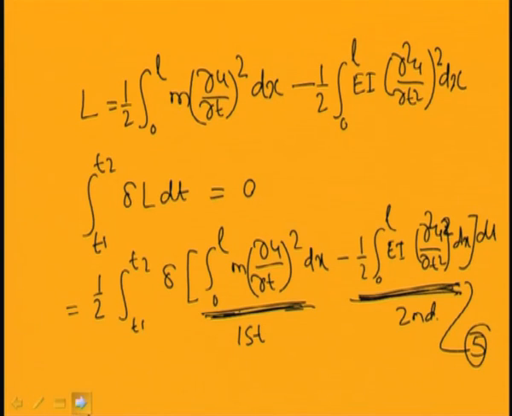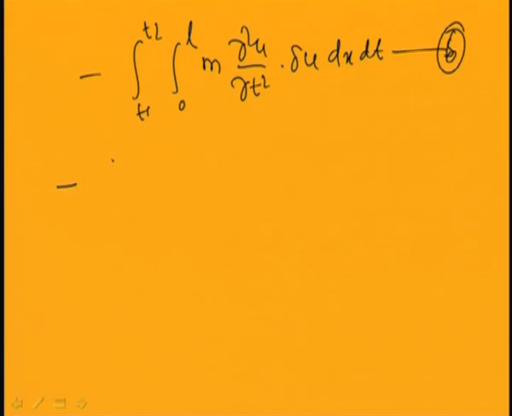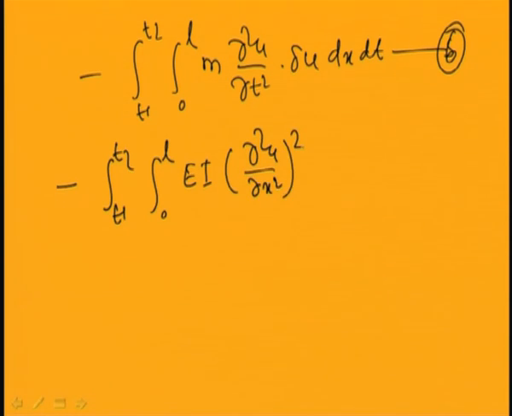So, this becomes half of, I have taken this half out, so there is no half here. So, this becomes minus integral T1 to T2, 0 to L, E I (del squared u by del x squared) whole squared dx dt, and I have to apply this del operator here. There is a half term here, so this becomes minus half. I will use this del operator inside.